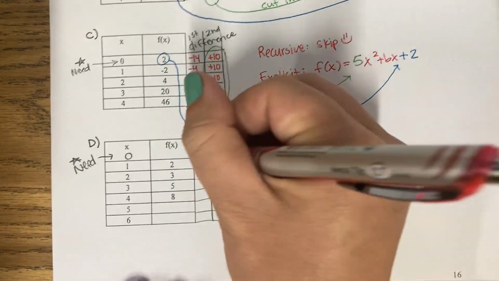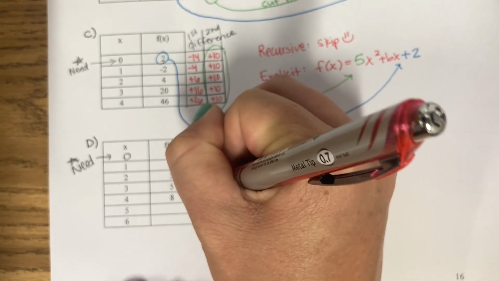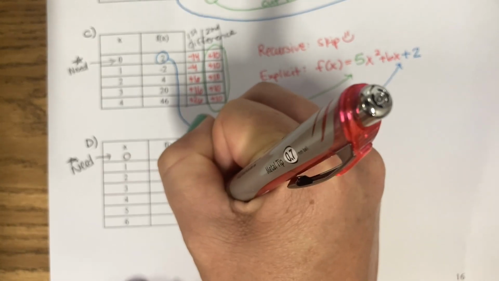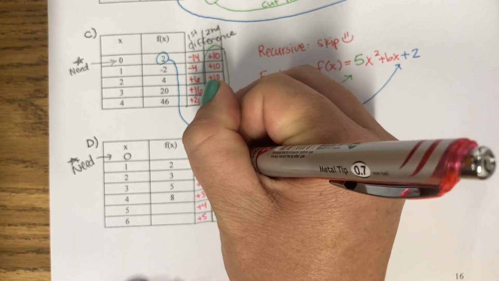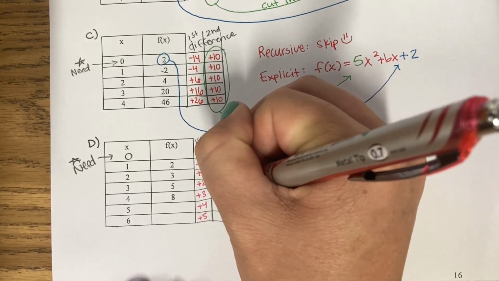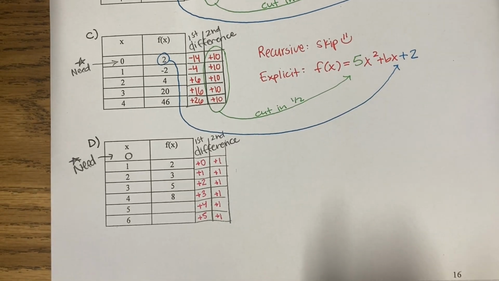All right, 2 to 3 is plus 1, plus 2, 5, plus 3, plus 4, plus 5. So then this would be plus 0, and it's going up by 1 each time. Okay.